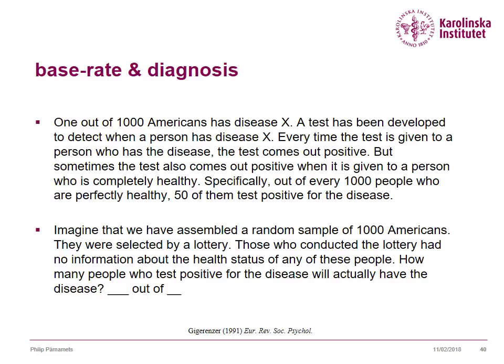Imagine that we've assembled a random sample of 1,000 Americans. They were selected by a lottery. Those who conducted the lottery had no information about the health status of any of these people. How many people who test positive for the disease will actually have the disease? Once again, pause the video and think about this and think of what your answer would be.